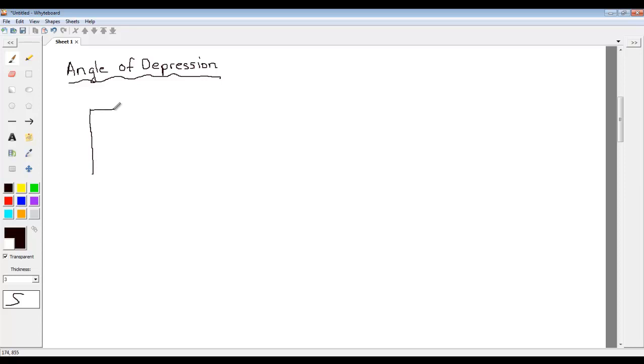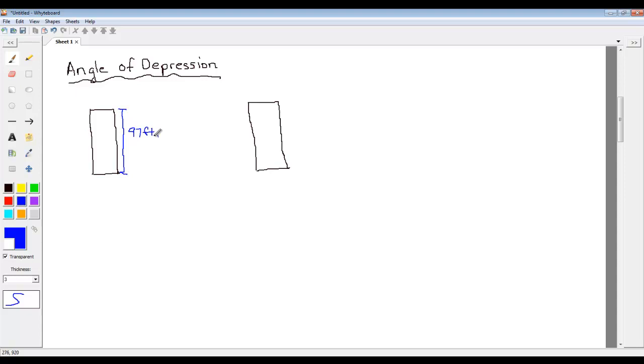Alright, we've got 2 buildings here. We're not worried about how tall the buildings are, really, at this moment. This one we know is 97 feet according to the problem. So this building here, we're looking at 97 feet.